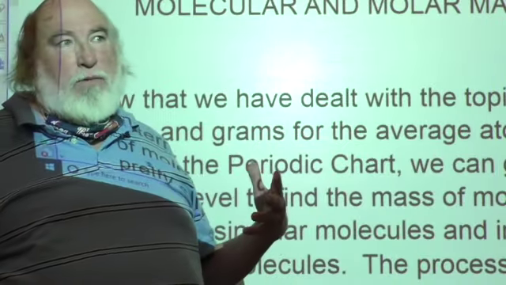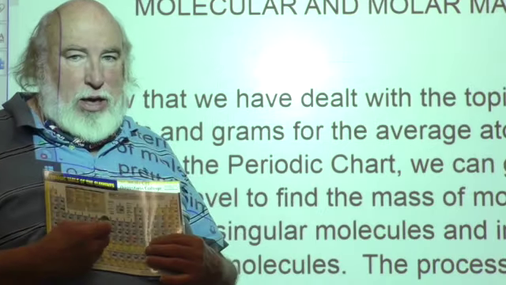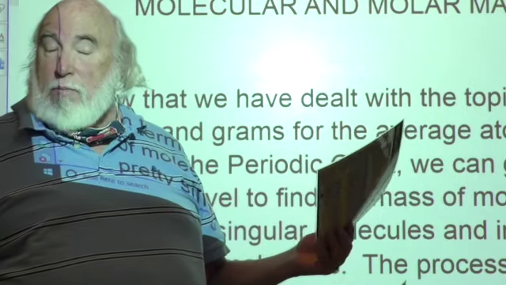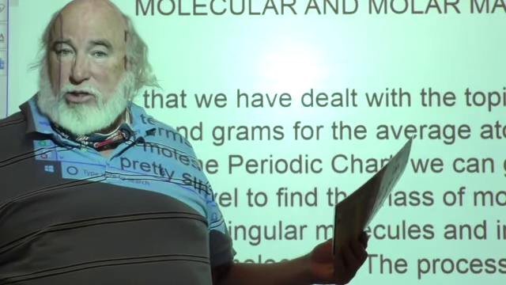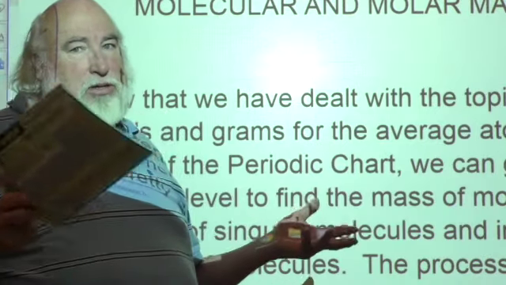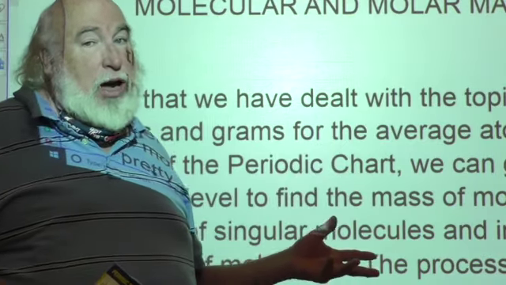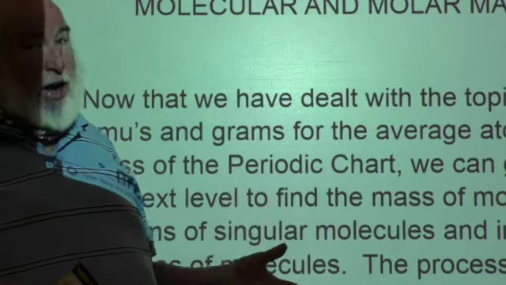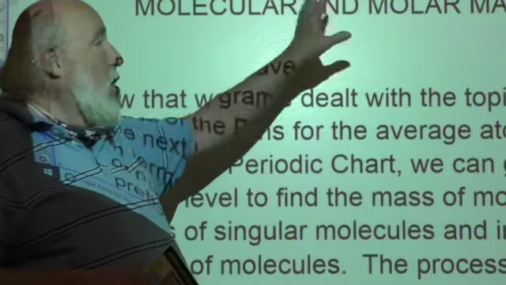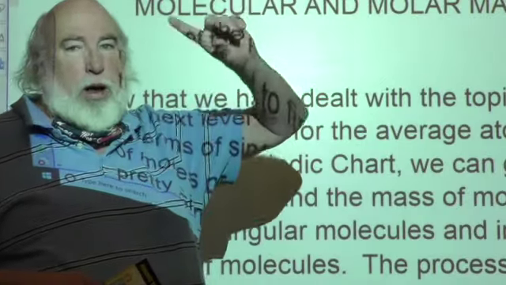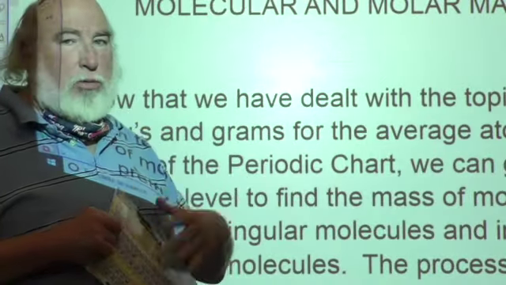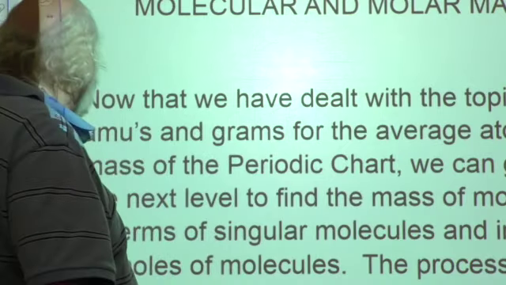Well, a mole of any atom on here is the average atomic mass that we find on here, or the mass of a particular isotope. And so that's going to be a mass of 6.02 times 10 to the 23rd of those isotopes, or 6.02 times 10 to the 23rd of those molecules will make up a molar mass. 1 mole of molecules, molar mass.